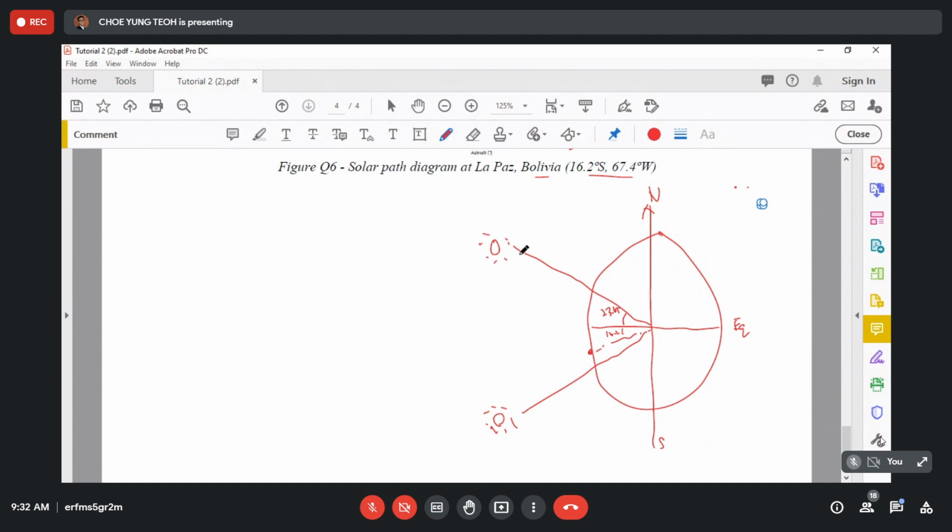When the sun is closer to the north hemisphere, the north will have summer. When the sun is close to the south hemisphere, the south will have summer, and at the same time the north hemisphere will have winter.